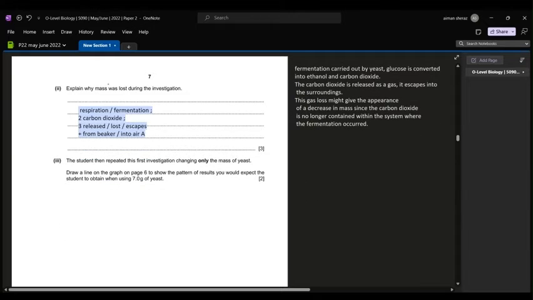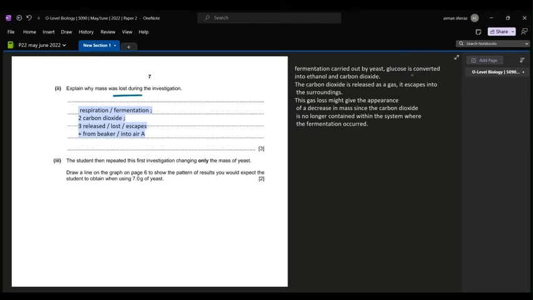Part 2. Explain why mass was lost during the investigation. You could have written respiration or fermentation, but in both cases carbon dioxide is released. It escapes from the beaker, so obviously the mass will be reduced during the investigation.